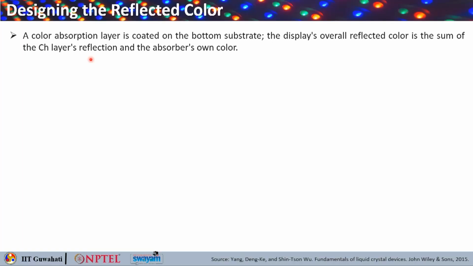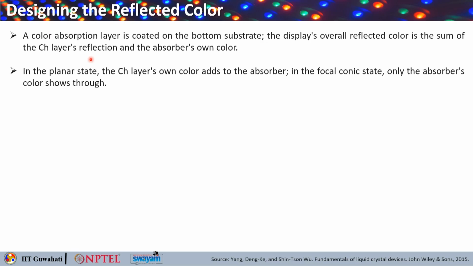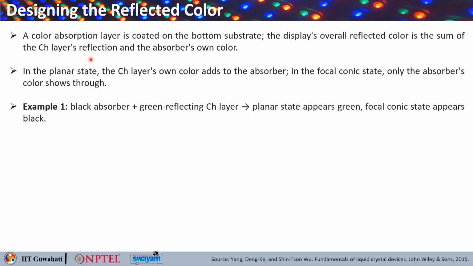Now how do you define and design the reflected color? A color absorption layer is coated on the bottom surface, and the display's overall reflected color is the sum of the cholesteric layer's reflection and the absorber's own color. In the planar state, the cholesteric layer's own color adds to the absorber, and in the focal conic state, only the absorber color shows through.